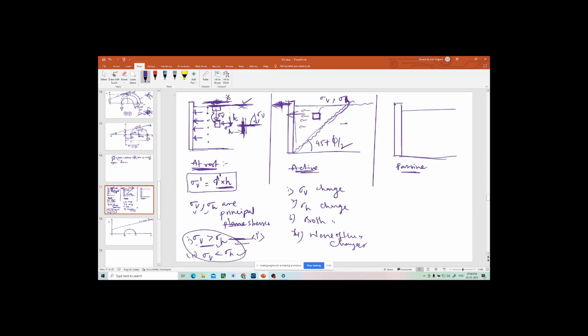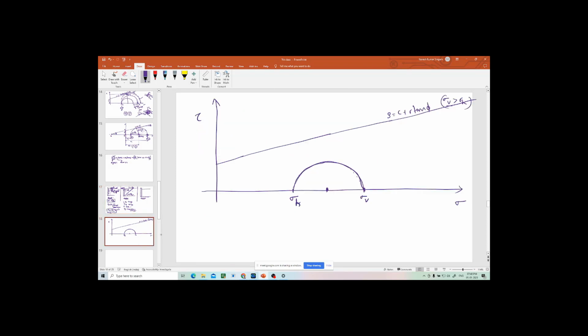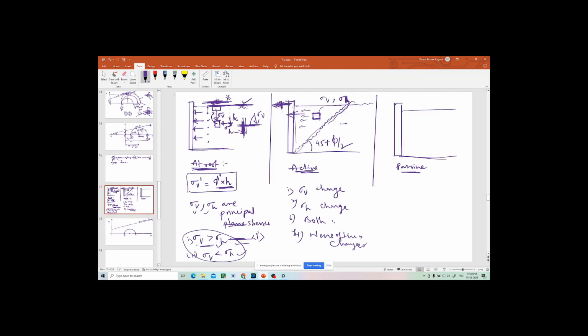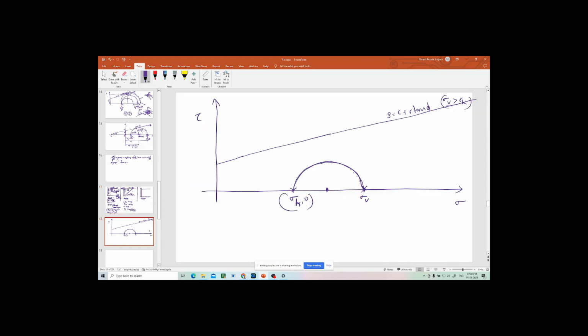So I am taking the first case: sigma v is greater than sigma h. And I am drawing them on the x-axis because their respective shear stresses are 0, as we talked. Suppose there is an element here; for sigma h comma 0 and sigma v comma 0, sigma v is greater than sigma h, you can see here, right?